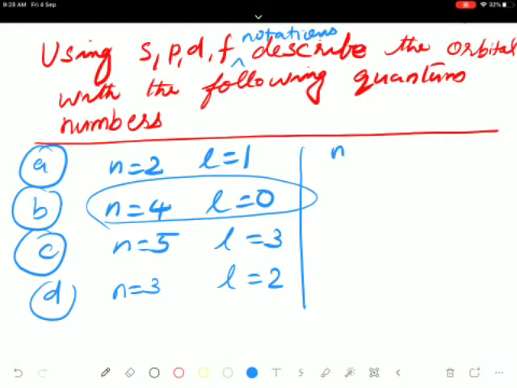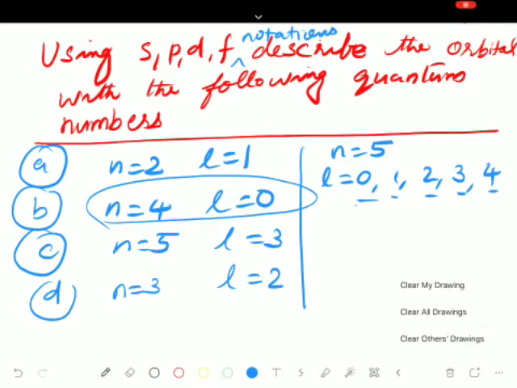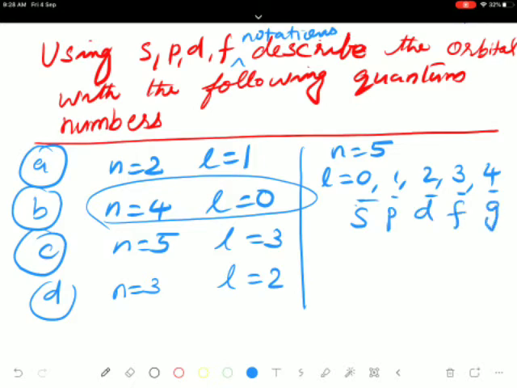When n is equal to 5, L can have how many values? 5 values: 0, 1, 2, 3, 4. I have written 5 values. When L is equal to 0, s orbital, then p, d, f, g.